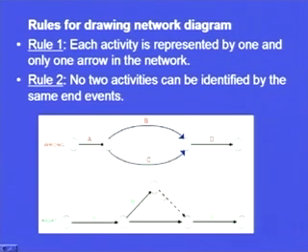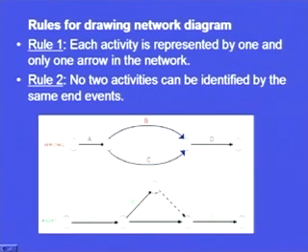By incorporating a dummy activity here, we have solved two problems. First, we have now obeyed rule number 2, in which no two activities can be identified by the same end events. And activity E can start from here.